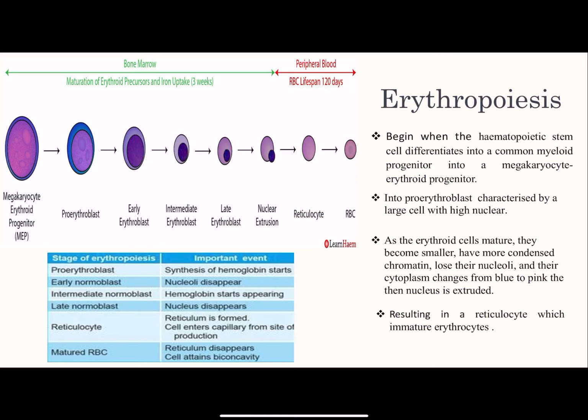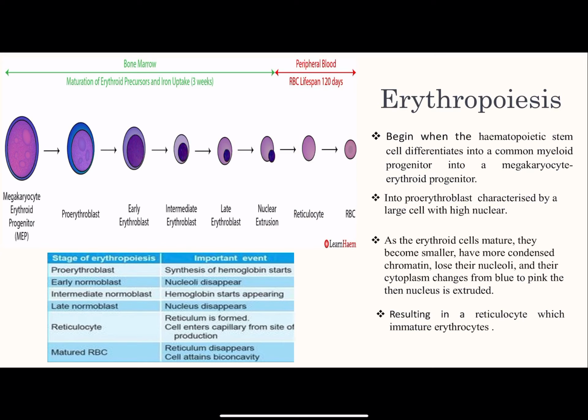As you can see in the picture, proerythroblast is a large cell with a big nucleus, then into an erythroblast. Erythroblast is smaller than the proerythroblast. It has early, intermediate, and late erythroblast stages. Erythroblast is the stage where hemoglobin synthesis occurs.